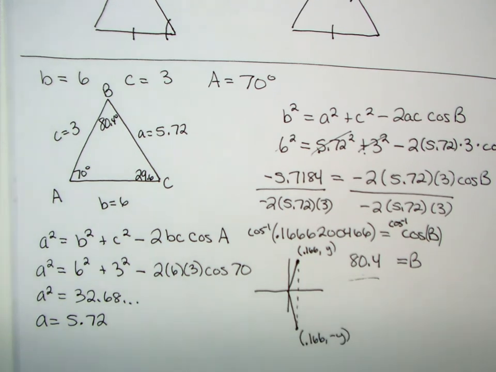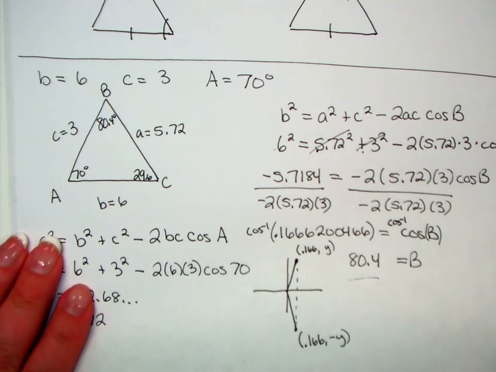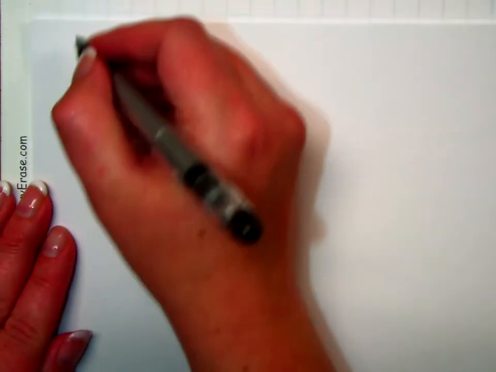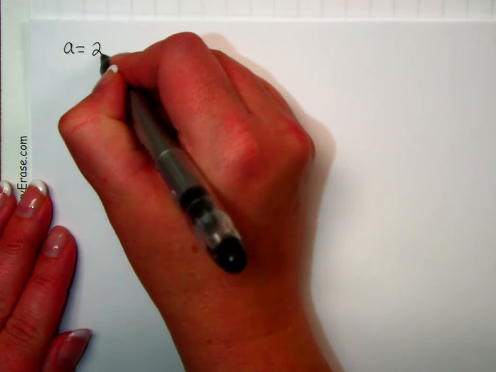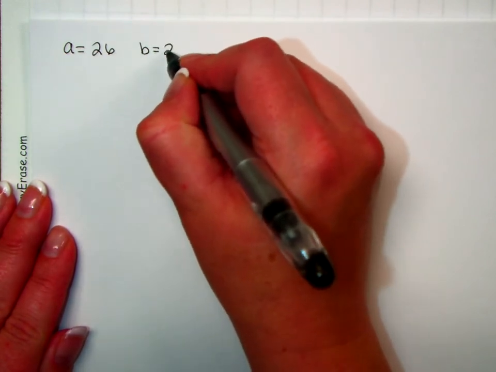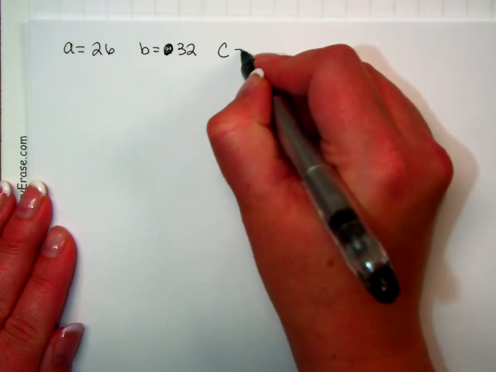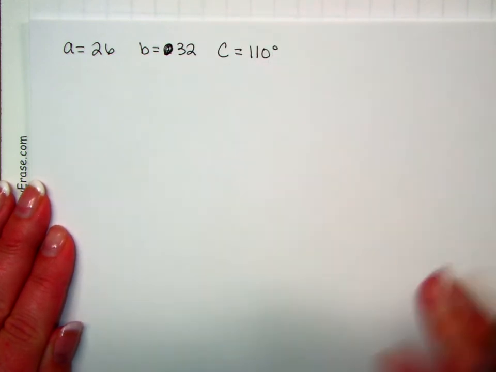Let's try another one. I think I have three more here. Two more just blank triangles, and then one kind of word problem for you. So let's do a is 26, b is 32, and angle C is 110 degrees.